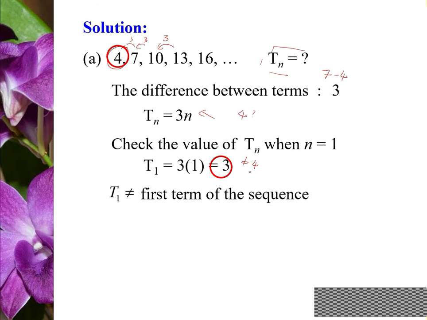So to correct the error, we have to add 1 to the formula that we have just derived. Once we have corrected this error, you can just simply check. The first term will equal 4. The second term, substitute in n to be 2, you get 7, and so on. This new general term is satisfied for the sequence given.